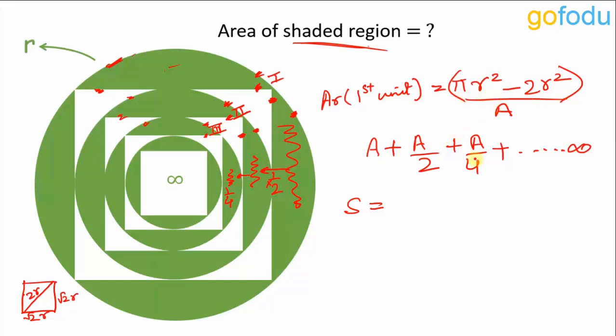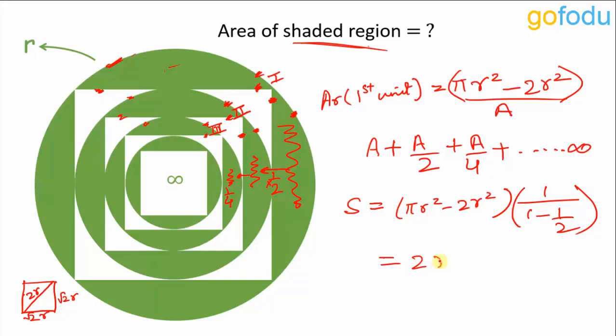A is given as pi r square minus 2r square, so I will write pi r square minus 2r square outside the bracket. Inside the bracket, I will have an infinite GP as 1 plus 1 by 2 plus 1 by 4. So the common ratio is 1 by 2, the sum of which will be 1 upon 1 minus the common ratio. And this will come out to be 2r square into pi minus 2.